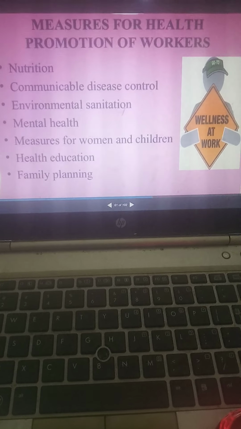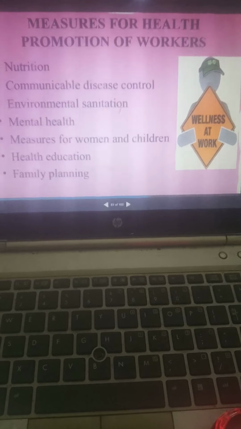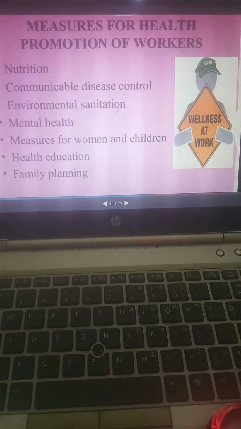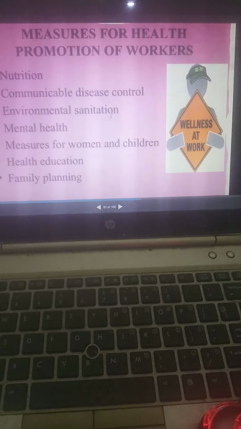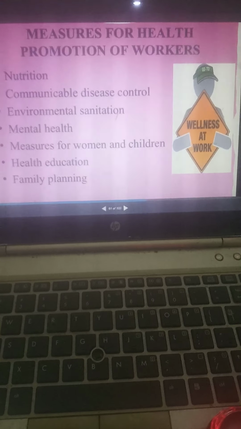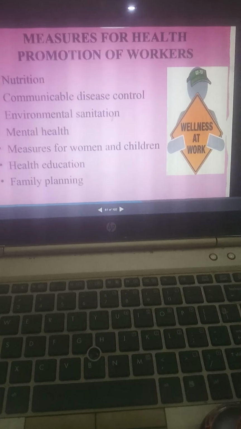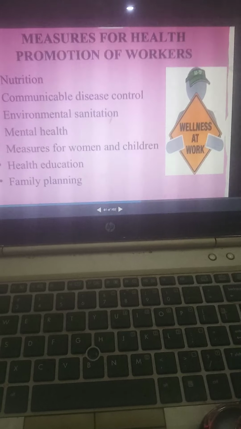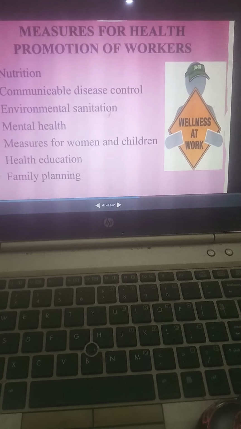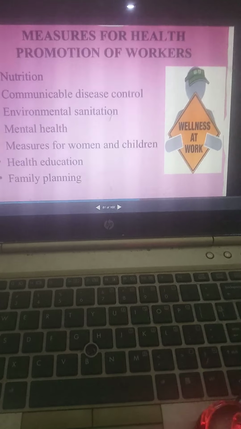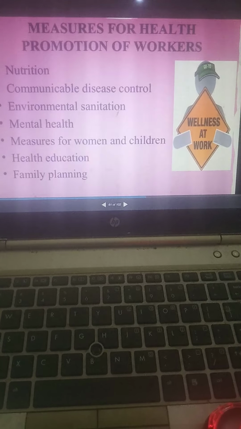Now, what are various measures with which you can promote the health of the worker? You should ensure good, healthy nutrition is provided to them. Communicable diseases should be controlled, for example, waterborne diseases, and diseases spread through mosquitoes or flies. So all these conditions should be well managed.